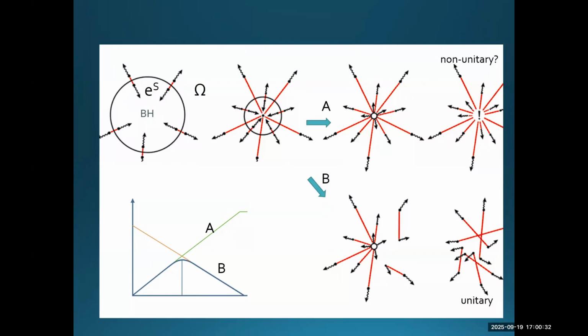So usually people think that information inside the black hole comes out as a correlation between Hawking radiation, represented by red lines. These are entanglement.